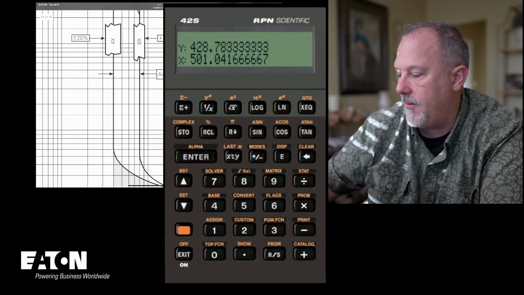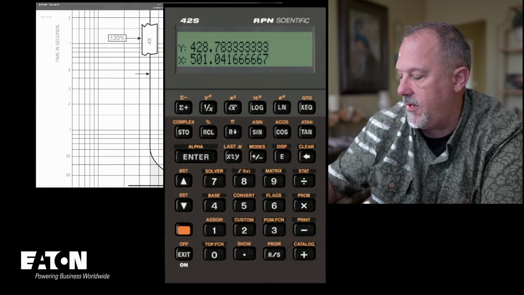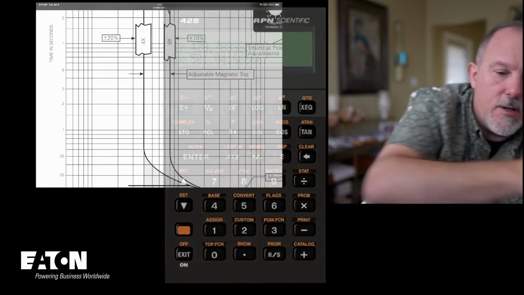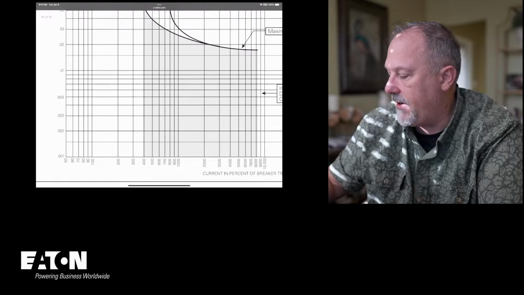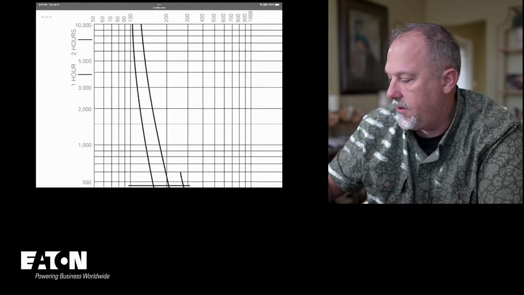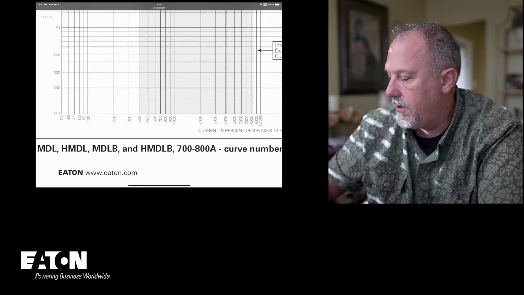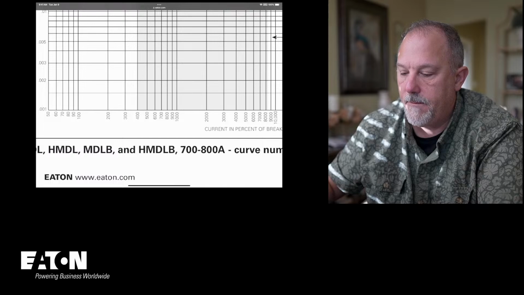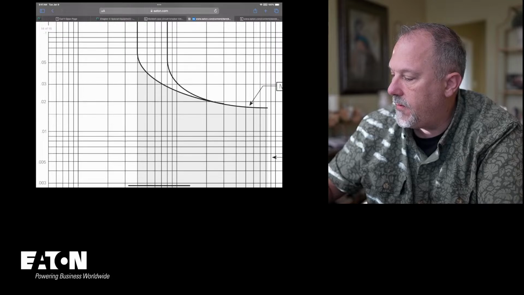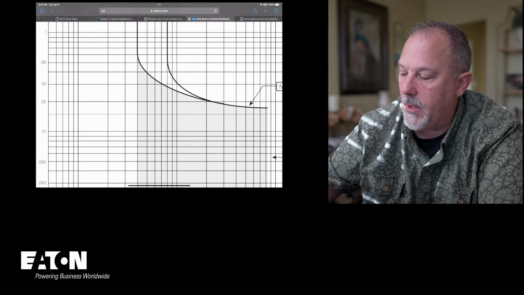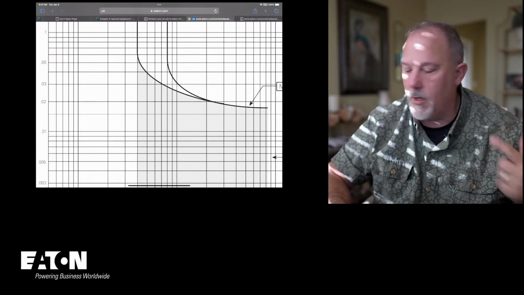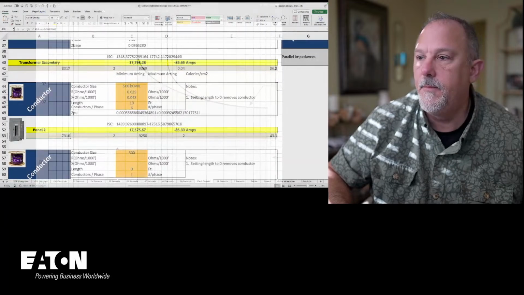I'm going to say again, 0.04 clearing time. Can't go any higher. You see the 500? If I scroll up, my clearing time is in between 0.03 and 0.05, which is 0.04. So I'm going to say 0.04 in my spreadsheet.